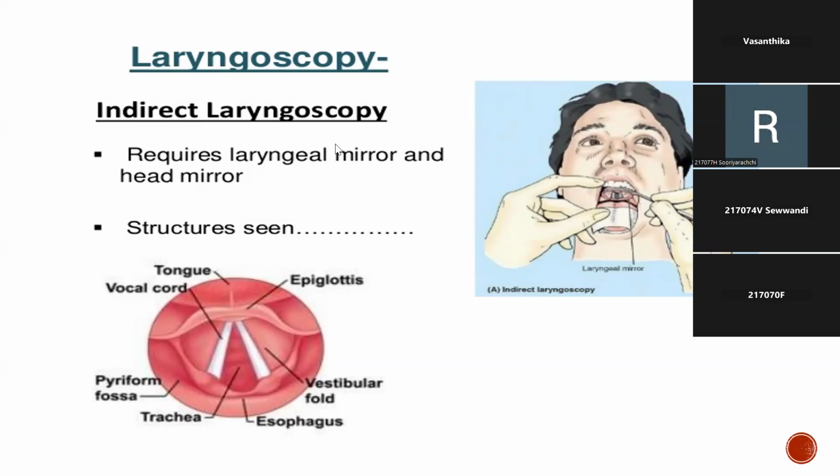Nowadays, we have headlights, directing light onto the mirror, which is held by the clinician, where the patient is putting the tongue out, and you are putting in the laryngeal mirror, which is slightly preheated to prevent mist formation, and you are looking at the larynx where you get the reflected image of the larynx onto the mirror. Those days we used bullseye lamps with the head mirror.